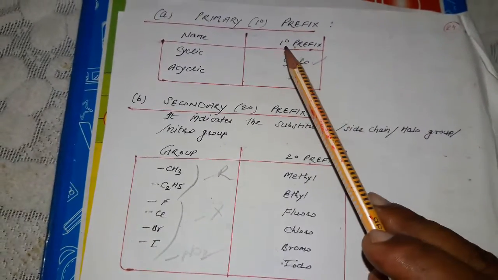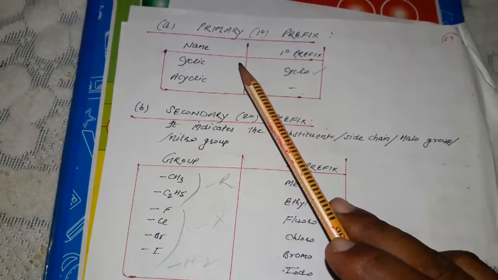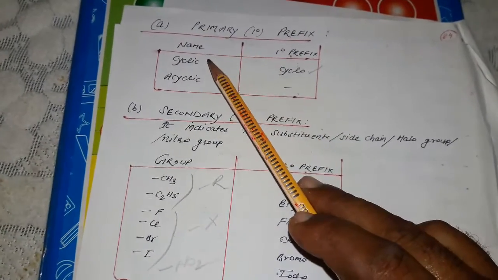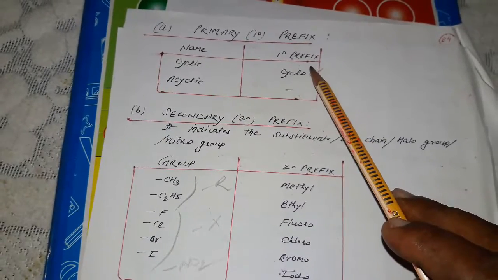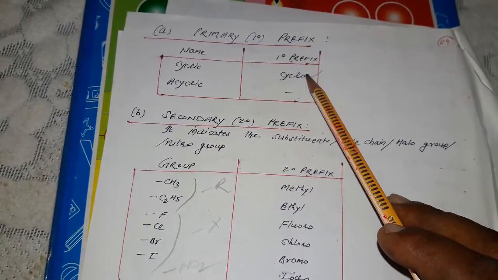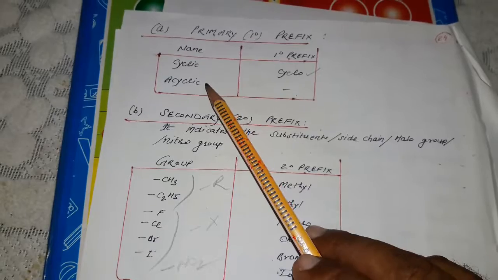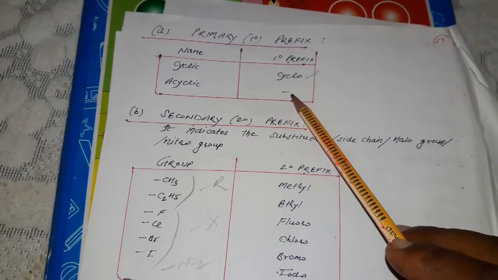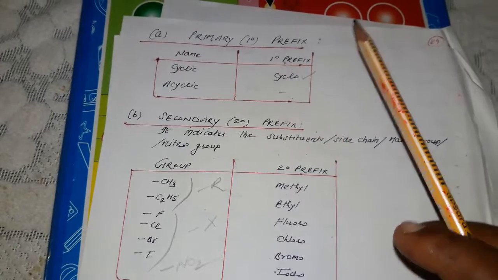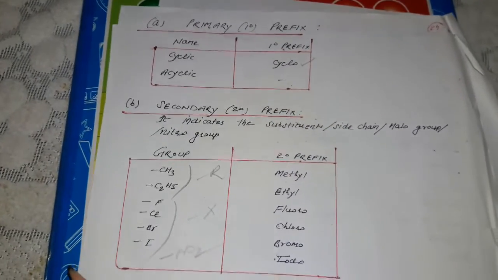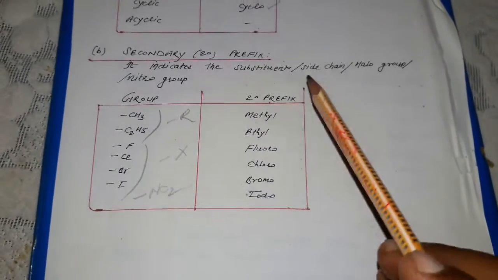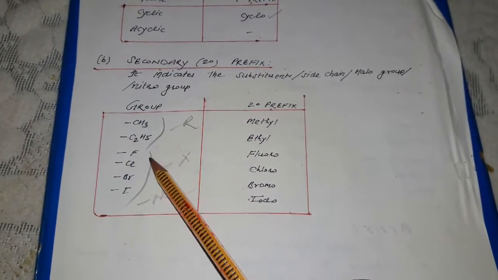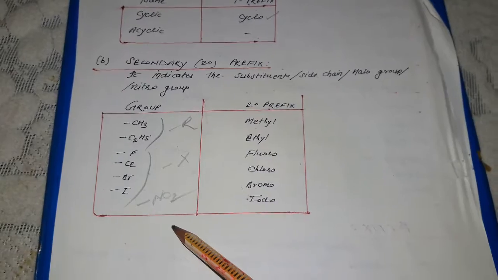So the 1 degree prefix is for cyclic. We use the word cyclo. If the main chain is cyclic, forming a ring, we use the word cyclo in naming before the word root. And if the main chain is not cyclic, we don't use the word cyclo and we skip the 1 degree prefix. In secondary, the main substituents are alkyl groups and halo groups, including one more, the nitro group.